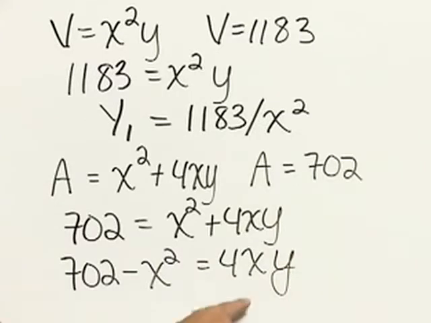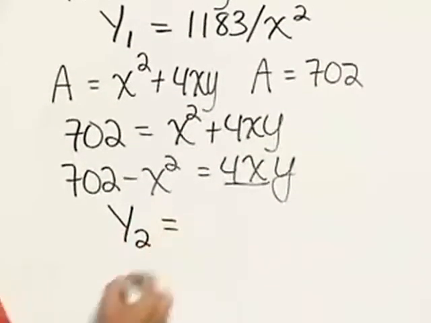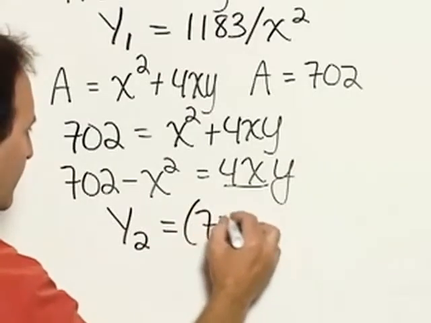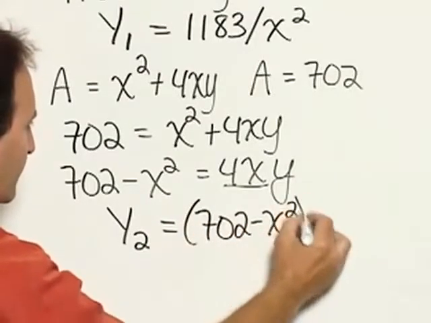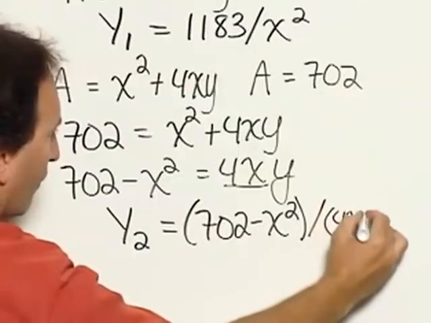Next, we would have to divide both sides by the 4x so that we isolate y. So in the calculator, we would enter it as y sub 2, and that's going to equal, in parentheses, the expression 702 minus x squared slash, in parentheses, 4x.